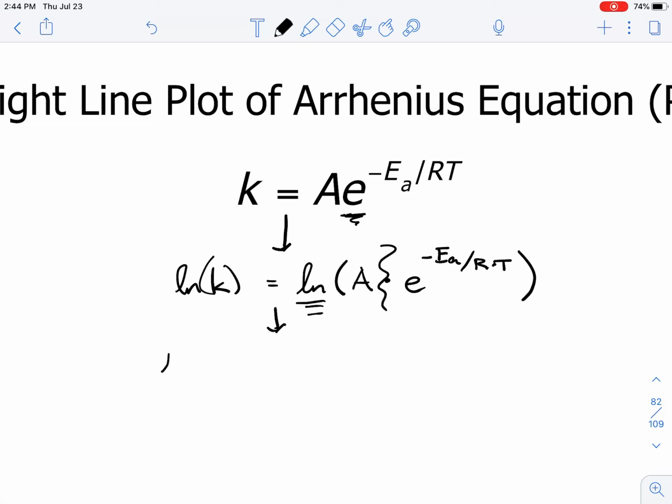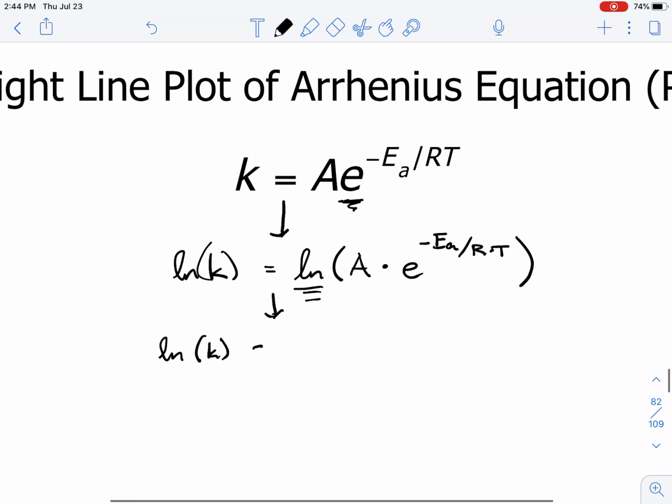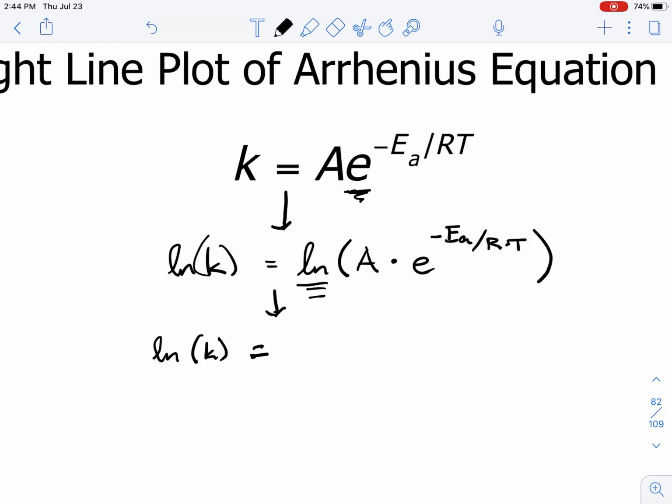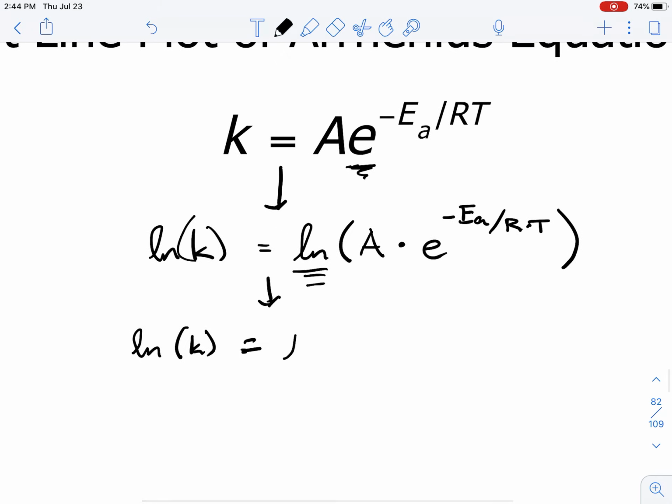And so when terms are being multiplied, according to the properties of natural log, they're going to be added. And so we have the natural log of A plus the natural log of the exponential raised to the negative Ea over R times T.